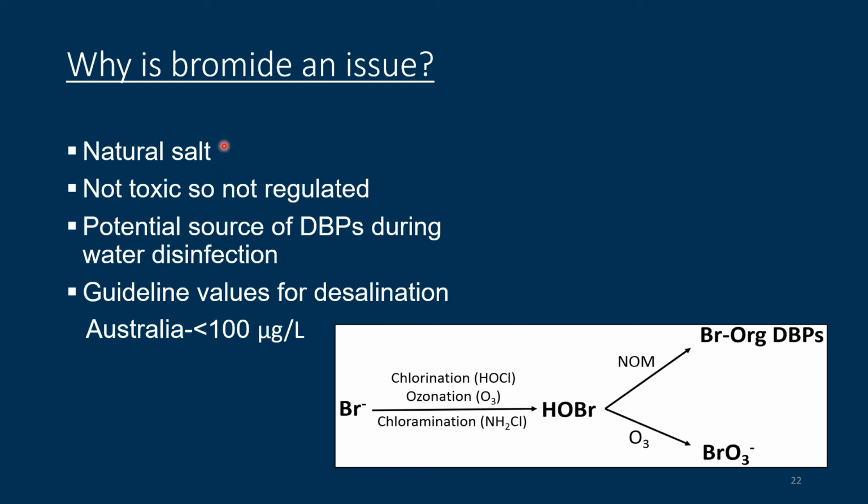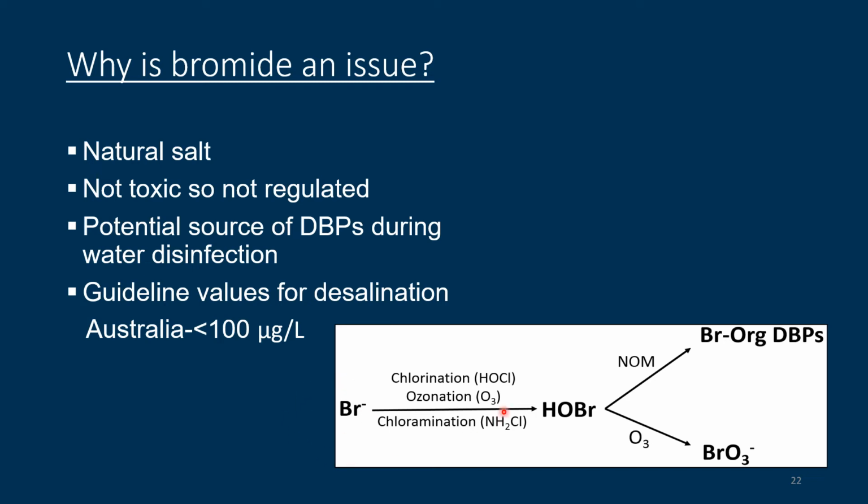This is a natural salt, non-toxic, so not regulated, but a potential source of DBP, disinfection byproducts, during water disinfection. The guideline value for desalination in Australia is less than 100 microgram per liter.